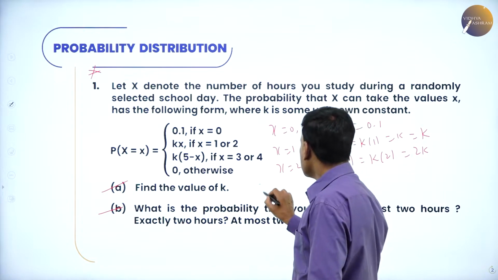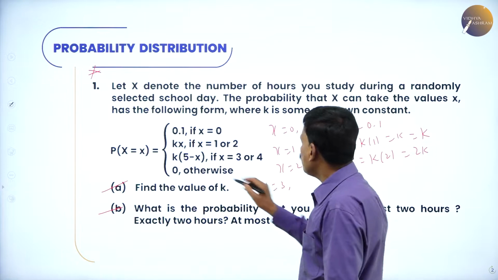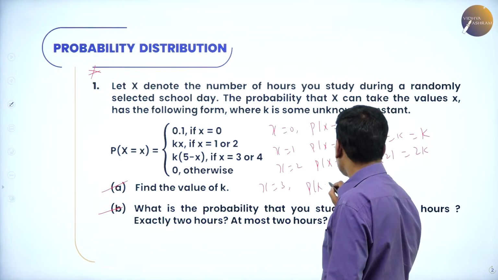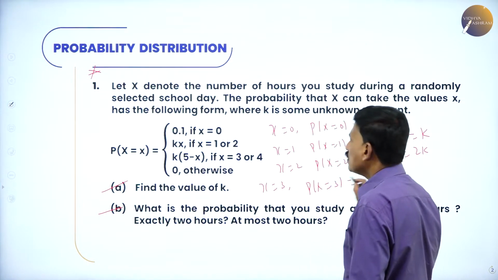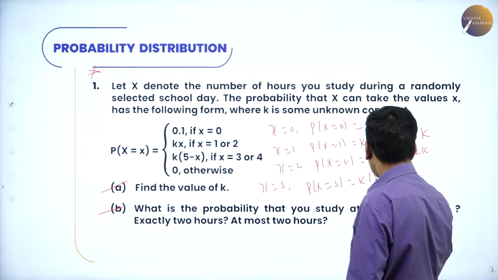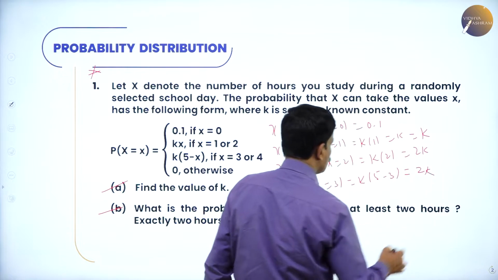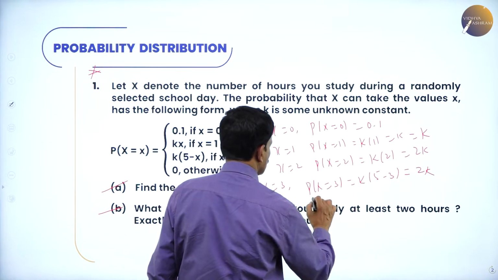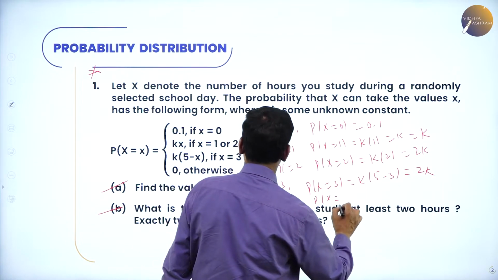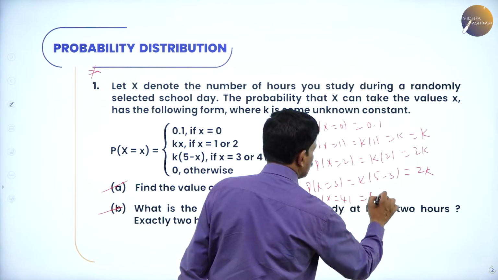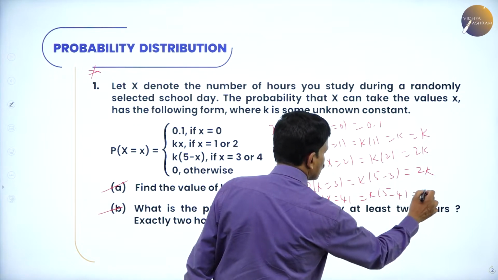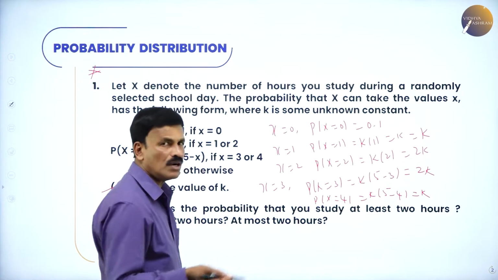And when x is equal to 3, P of X equals 3, that is k into 5 minus 3, which is 2k. Again, when x is equal to 4, k into 5 minus 4, that is 1k, 0 otherwise.